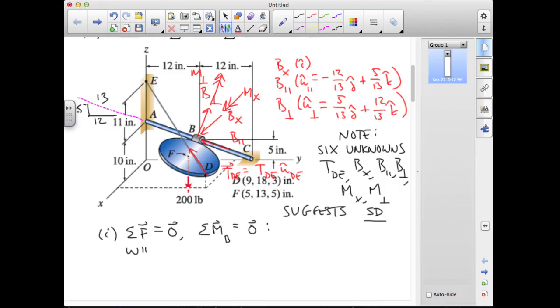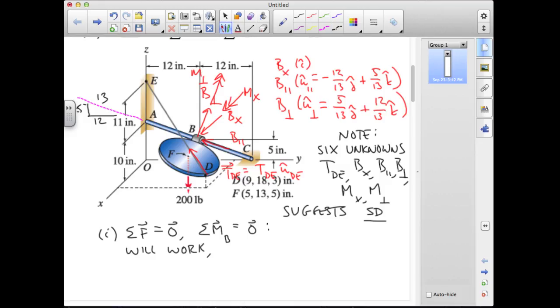This will work, but the question is, what's the degree of complexity of the system of equations that we'll have? When we take moments about B, none of the force components, Bx, B parallel, or B perp, will appear in our moment equation, but the moment reactions Mx and M perp will appear in addition to the tension TdE.